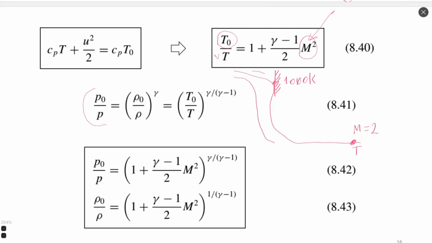When we use equation 41 and we transform from temperature ratio, for example, to pressure ratio, we combine equations 40 and 41, and we obtain equation 42 or 43, where we have a relation between Mach number at any arbitrary point and pressure and density at the same point. Of course, we need a reference. We always need a reference. So our reference point is the stagnation point.